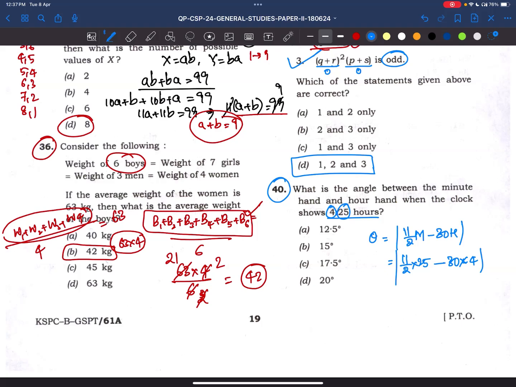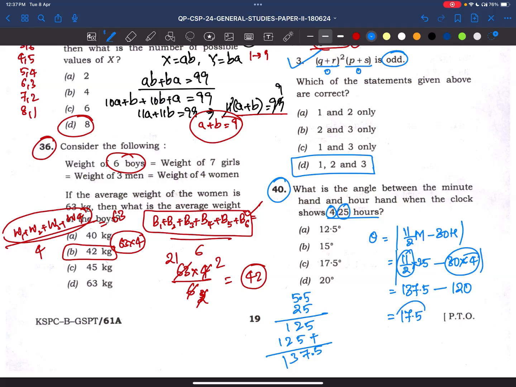Solve: 11 by 2 means 5.5, right? 5.5 into 25 is 137.5, minus 30 into 4, that is 120. Answer is 17.5.